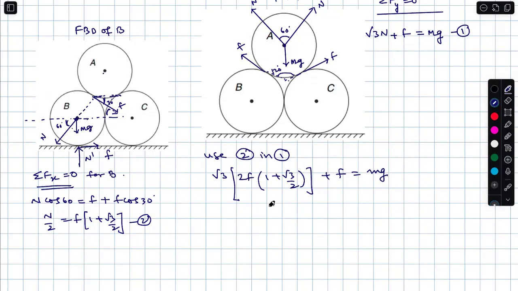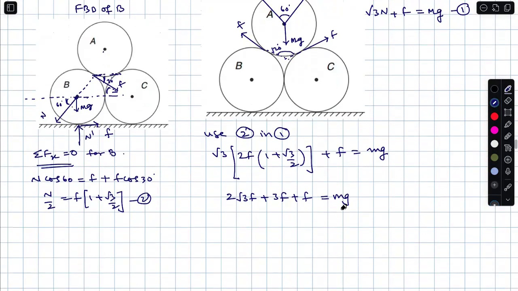Simplify this, overall what do you get? 2 root 3 F plus 3 F plus F is equal to mg. So finally F is mg by 2 times root 3 plus 2.